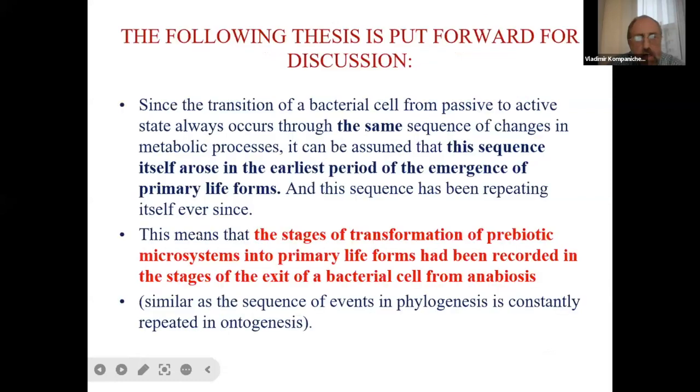Since the transition of cells from passive to active state always occur through the same sequence of changes in metabolic processes, it can be assumed that this sequence itself arose in the earliest period of the emergence of primary life forms, and this sequence has been repeating itself ever since.